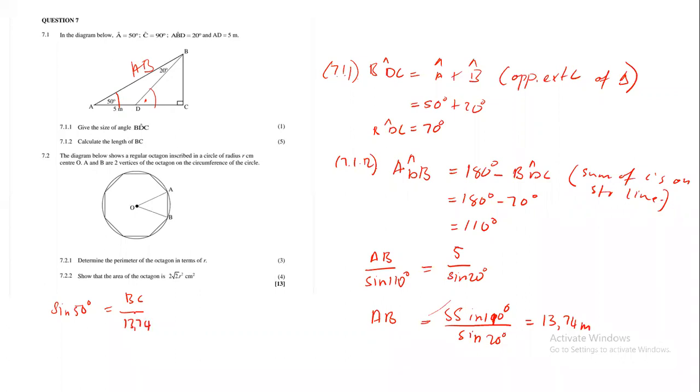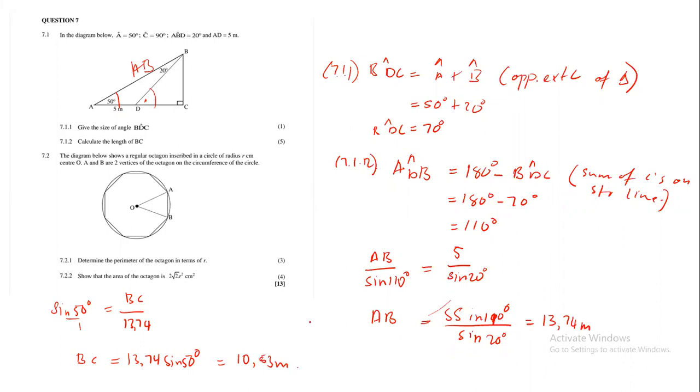So sine 50 degrees is equal to BC over the hypotenuse, which is 13,74 meters. And therefore, we cross multiply. BC is equal to 13,74 multiplied by sine 50 degrees. Therefore, the magnitude of BC, I get 10,53 meters.